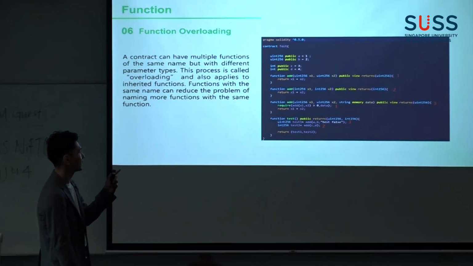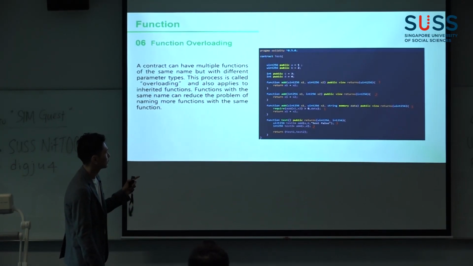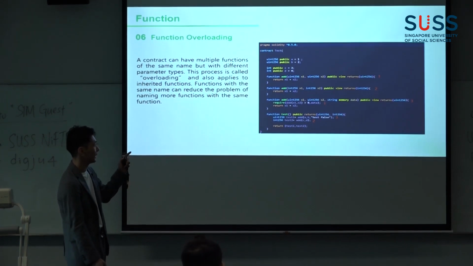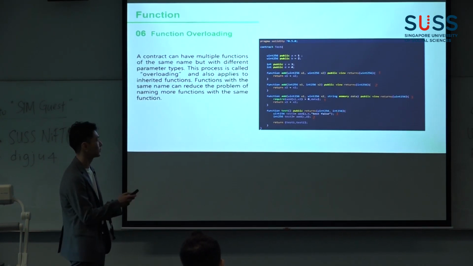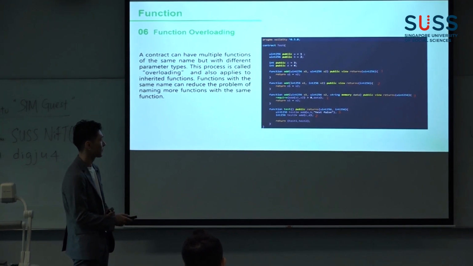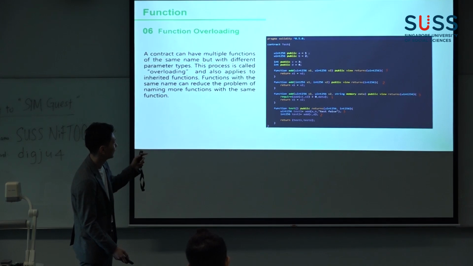In our function test, our uint256 test1 uses the third add function. Solidity can determine which function to use by the variable types we pass in. And the second, test2, we added C and D together.